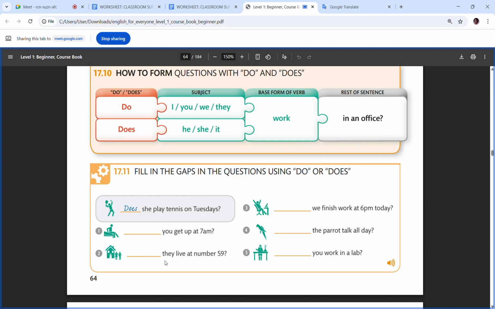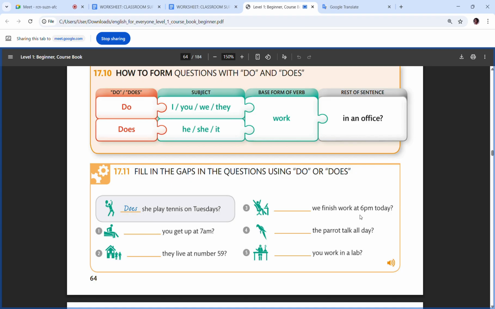Number 2. Do they live at number 59? Do they live at number 59? Right? And number 3, do we finish work at 6 p.m. today? Work at 7 p.m. today. Very good.